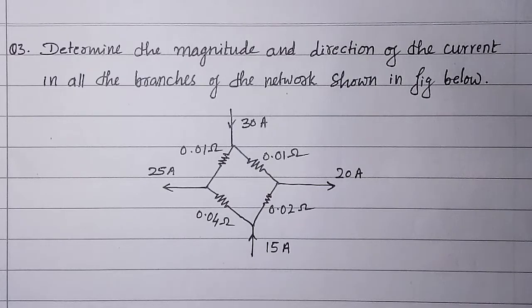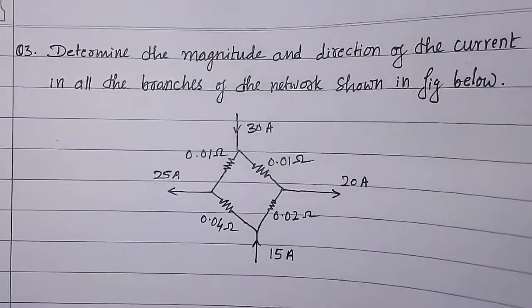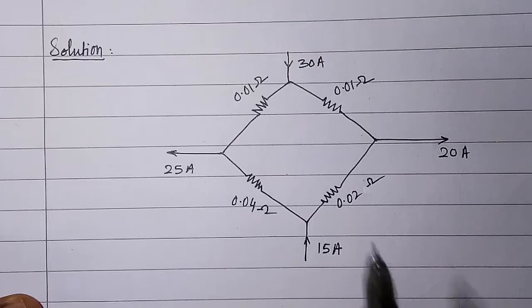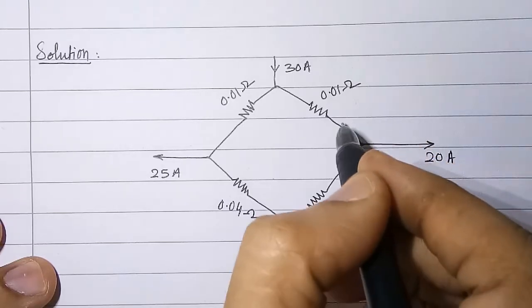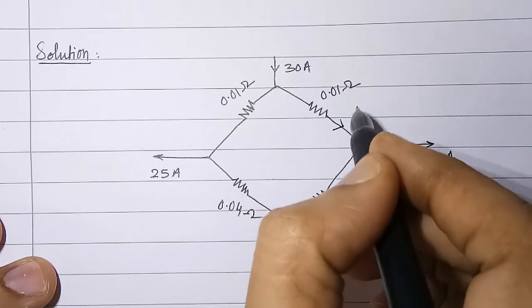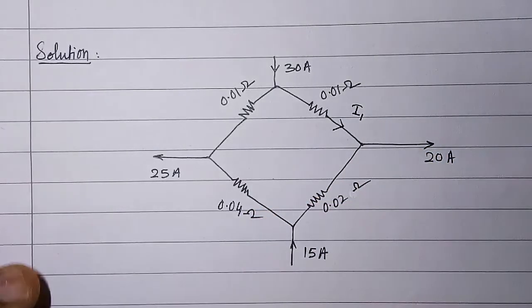Let us redraw the circuit once again in the solution part. So here is the circuit drawn once again. Let us take this current here as I1 ampere.